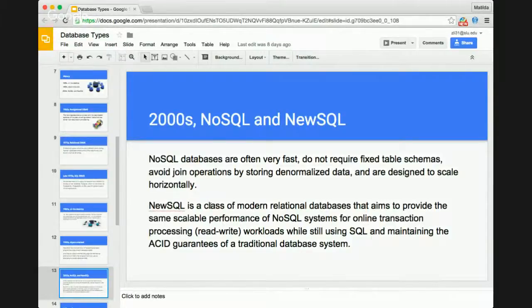NoSQL databases are often very fast, do not require fixed table schemas, avoid join operations by storing denormalized data, and are designed to scale horizontally. NewSQL is a class of modern relational databases that aim to provide the same scalable performance of NoSQL systems for online transaction processing workloads, while still using SQL and maintaining the ACID guarantees of a traditional database system.